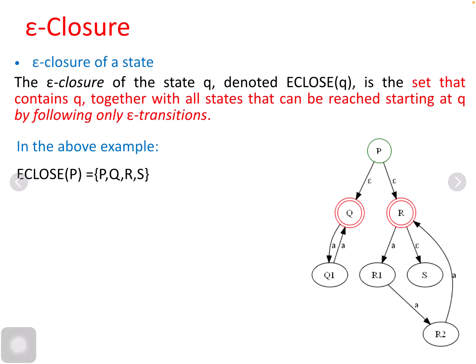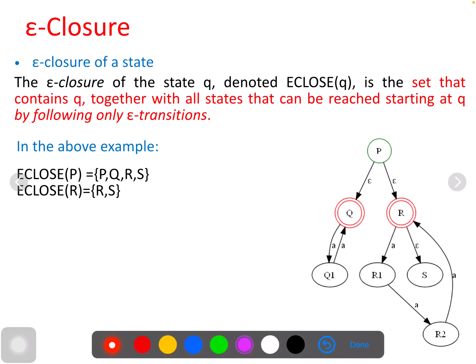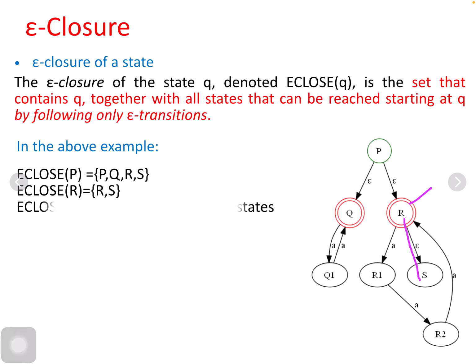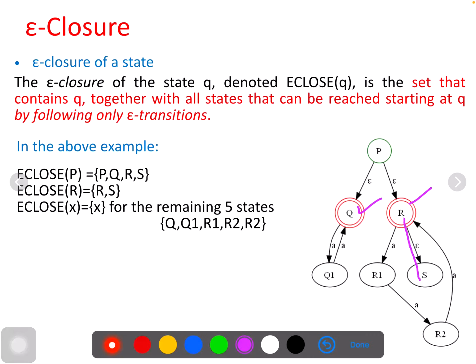Similarly, E-closure of Q. E-closure of R: from here you are able to reach R and S, including that starting point R. And E-closure of Q: suppose E-closure of Q is Q only.